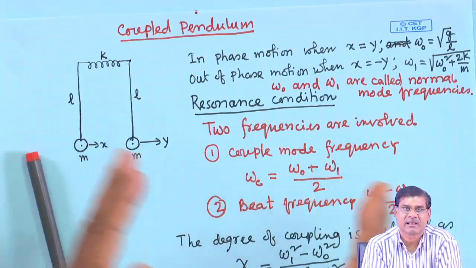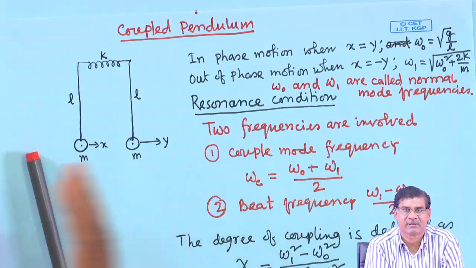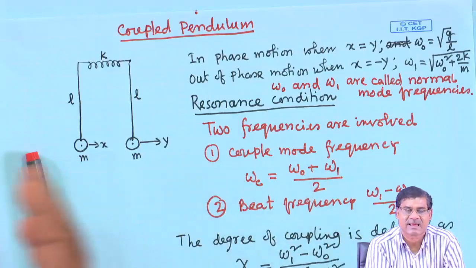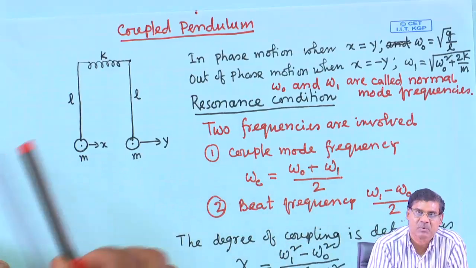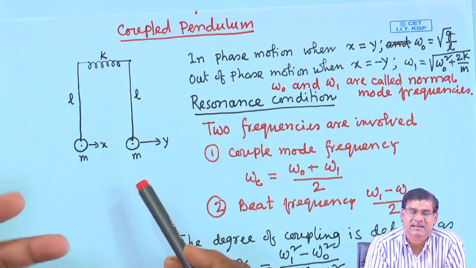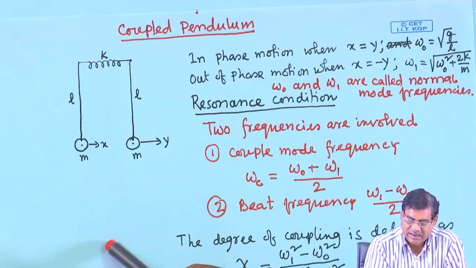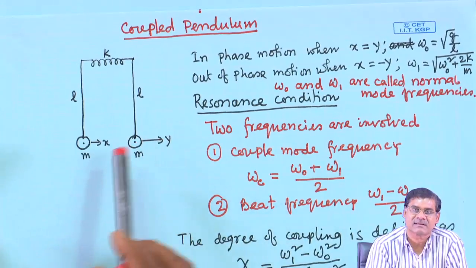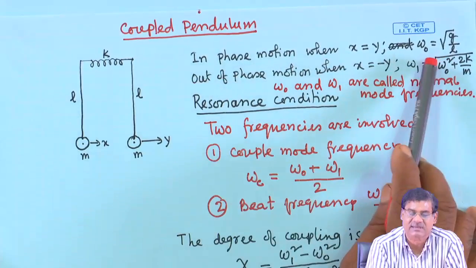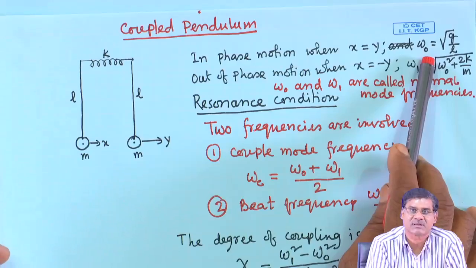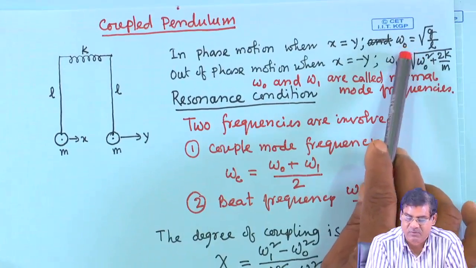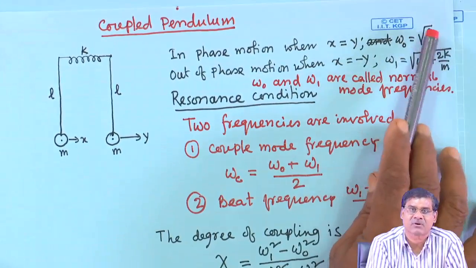Then they will oscillate like a simple pendulum, and the frequency of this in-phase motion is basically omega 0 equal to square root of g by L.